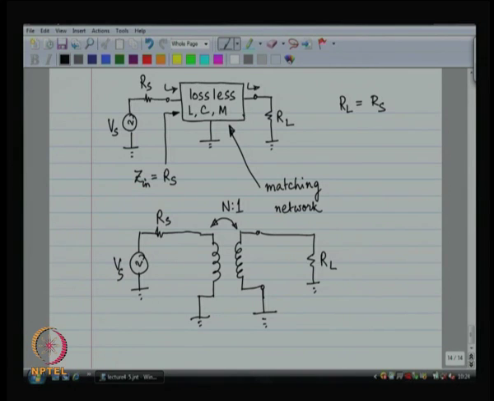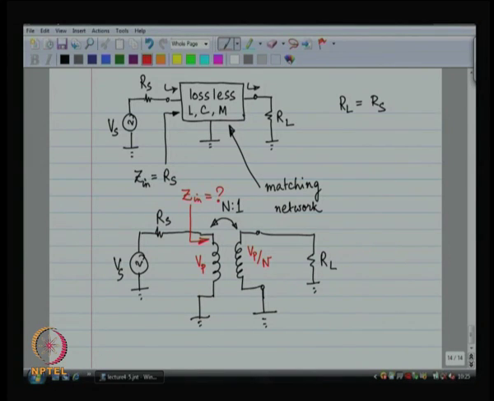What is the input impedance that I see looking into the primary? How do you figure this out? What you might remember is that if the primary voltage is V primary, then the secondary voltage is going to be V primary by n.